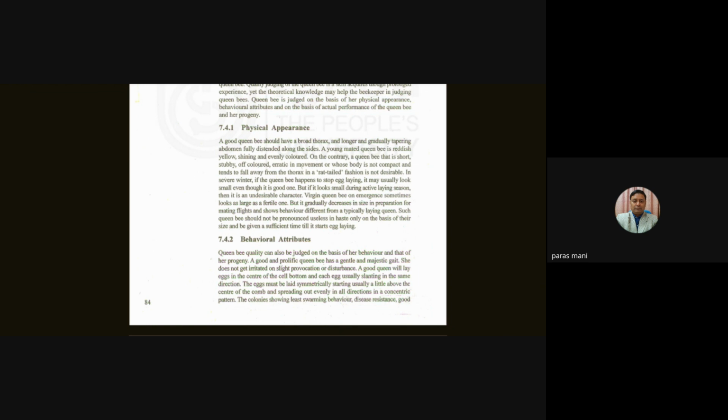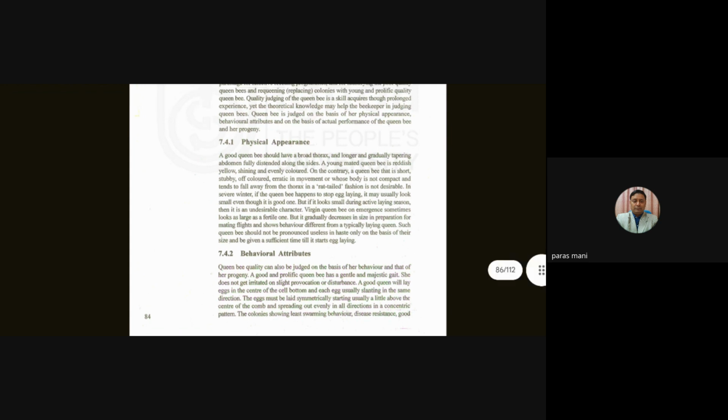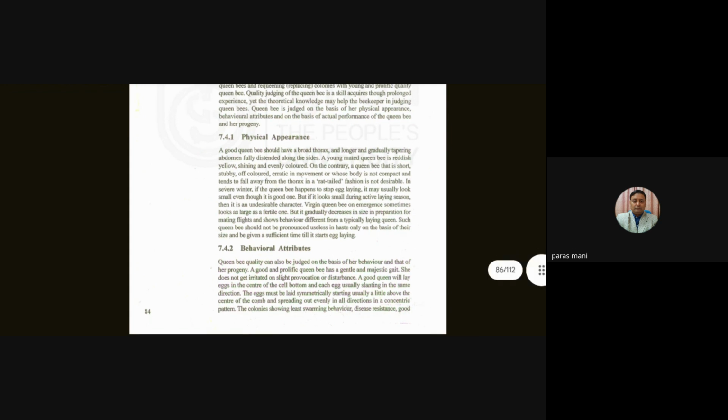These characters must not be there: short, stubby body length, color apart from reddish yellow, and erratic movement. The whole body must be compact. If it is not compact, it can't be selected.